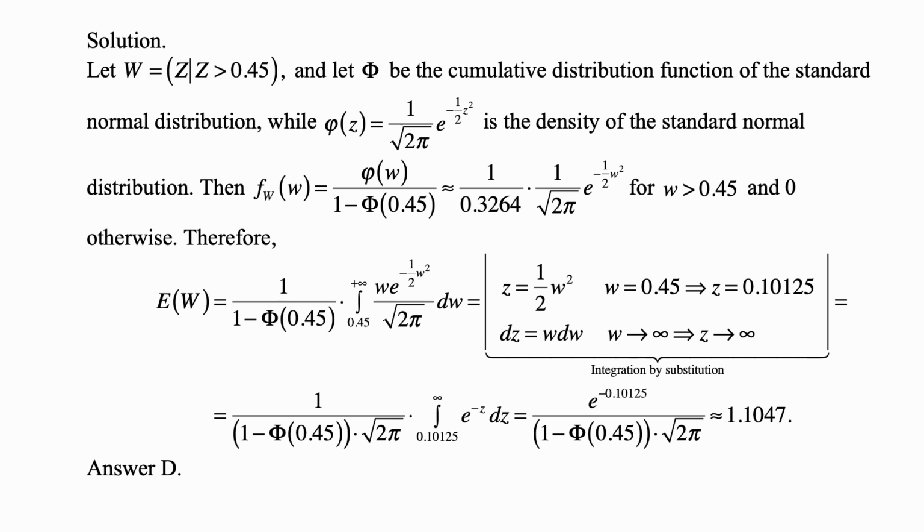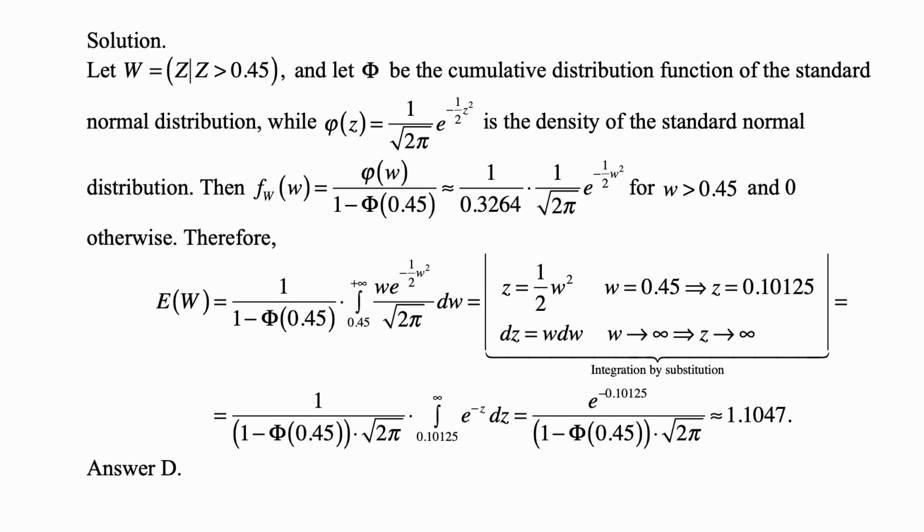Therefore, the expected value of w is this number, 1 over 1 minus Φ of 0.45, which we actually figured out numerically already. But anyway, it's a number, times the integral from 0.45 to infinity of w times the density. It's actually w times the density, but we pulled out a constant in front.